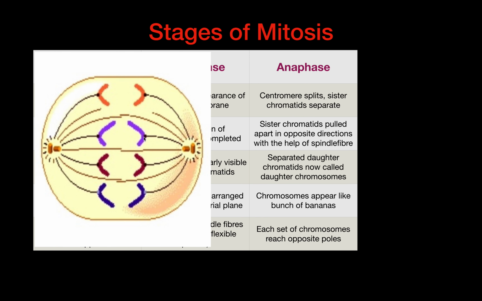Here the centromere splits, and that's why the chromatids get pulled apart towards each of the poles. When the chromatids reach this juncture, it appears like a bunch of bananas.